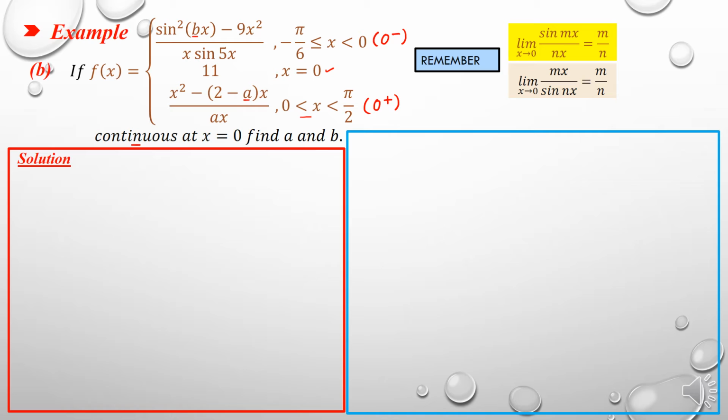To do this, firstly the function will be continuous at x equals 0 when limit f of x when x goes to 0 from right equals limit f of x when x goes to 0 from left, and this is also equals f of 0.